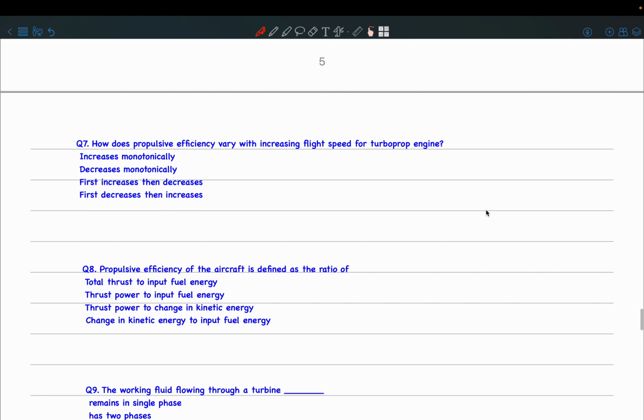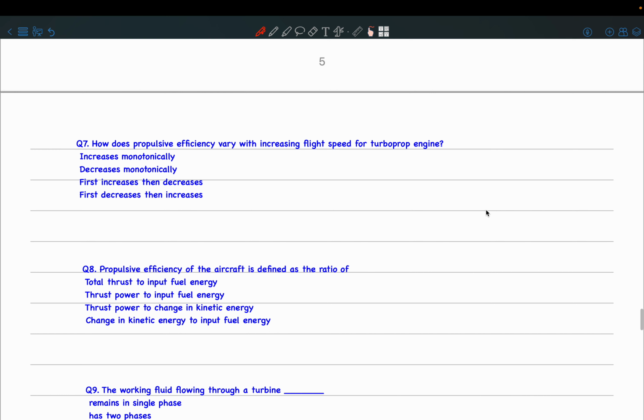How does the propulsive efficiency vary with increasing flight speed for a turboprop engine? So if I increase the velocity, m dot is going to increase, right? Thrust is going to increase. So propulsive efficiency should. What is the answer? Correct. It should first increase, then decrease.